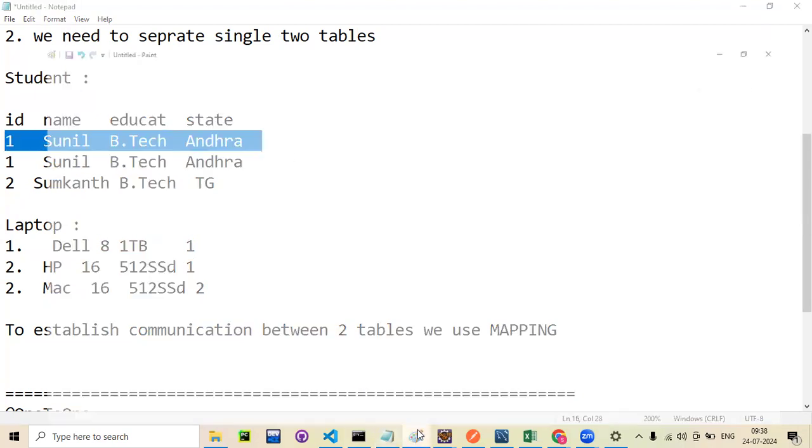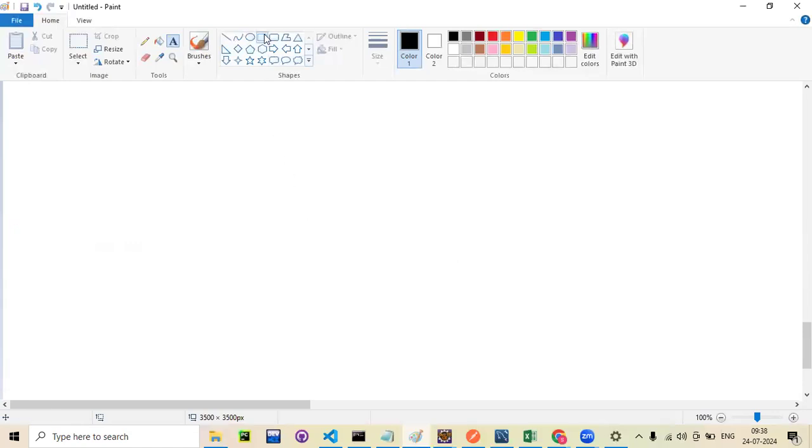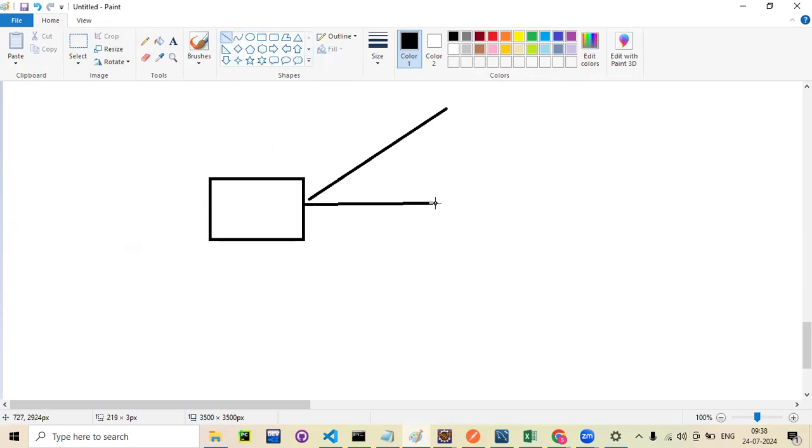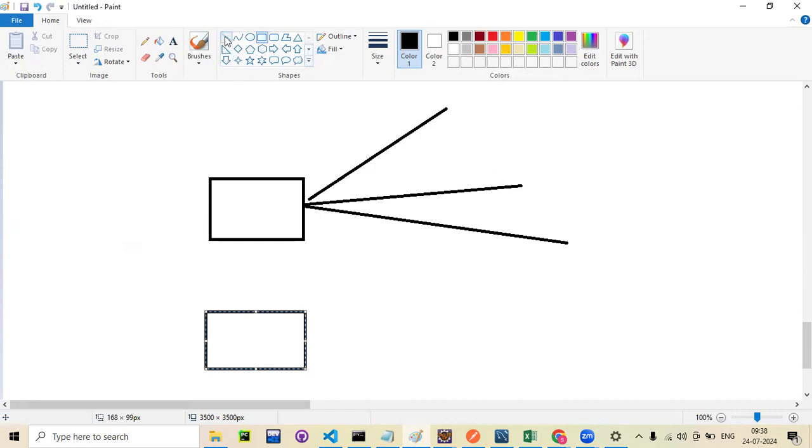Let me draw the diagram. One person using multiple laptops like this.